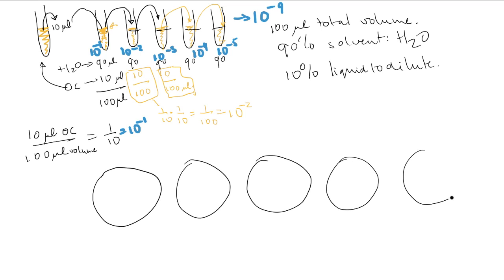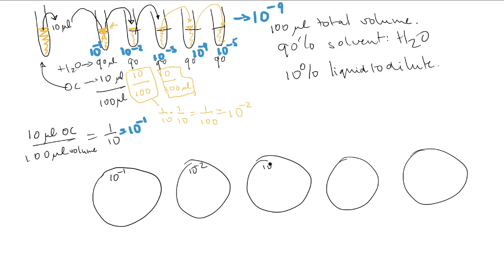I won't bore you with the details of the kind of medium that we use. But in this case, you can see that each of these has 100 microliters. So I can take the entire 100 microliters of this tube and pour it on the plate. I'll label each of these plates. Here I'm going to put the sample from the 10 to the negative 1 tube.